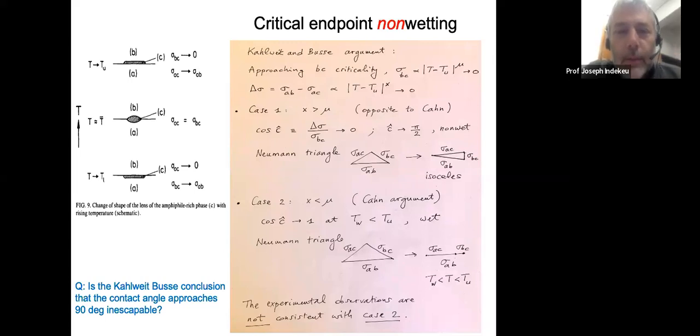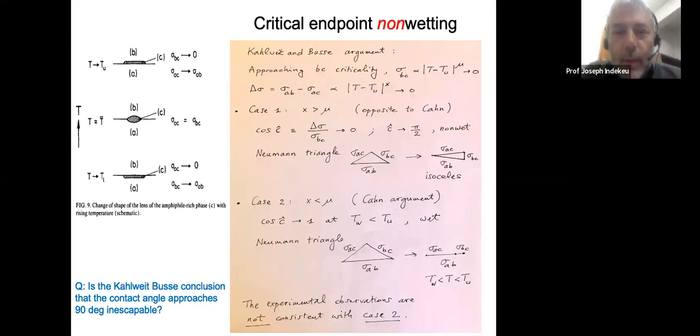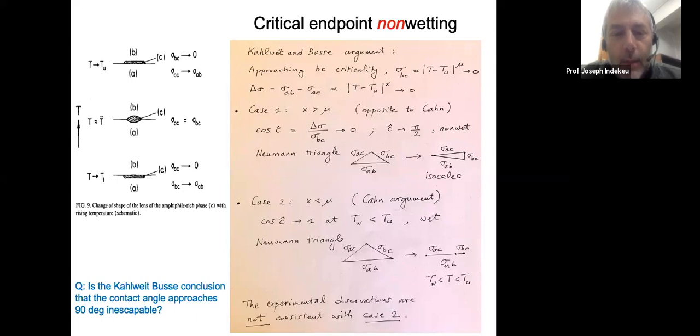So they say there are two exponents here, x and mu, and they consider case 1, x is greater than mu. In that scenario, there is necessarily a 90-degree contact angle when you approach the critical endpoint. And then they say case 2, x is less than mu.